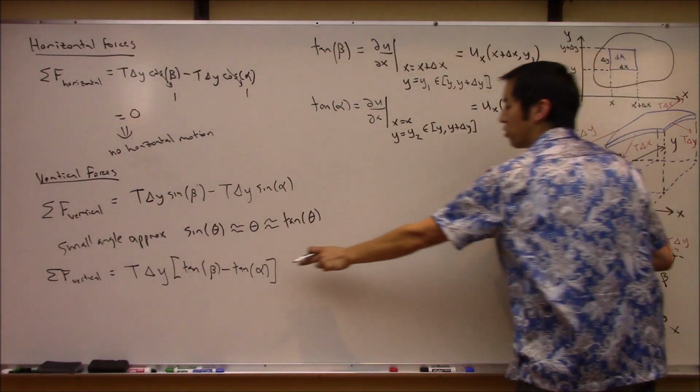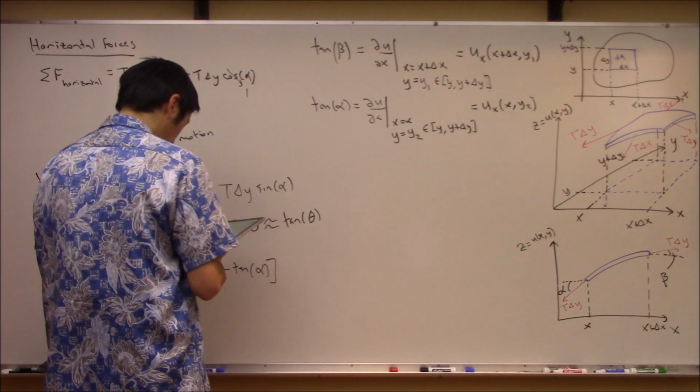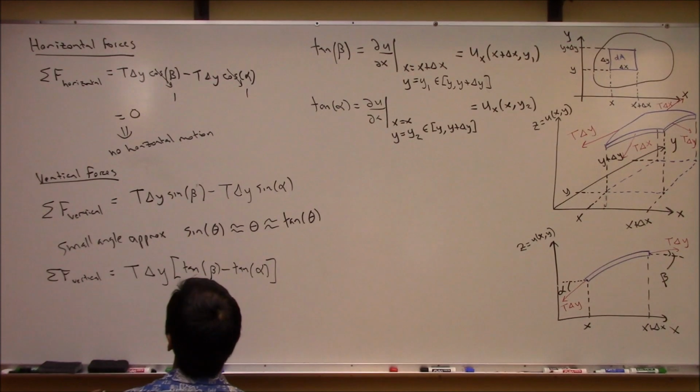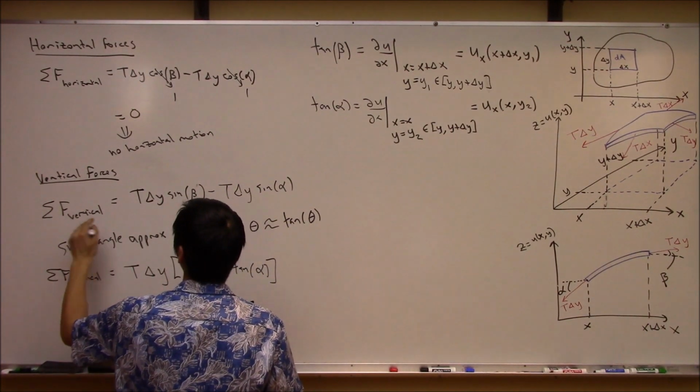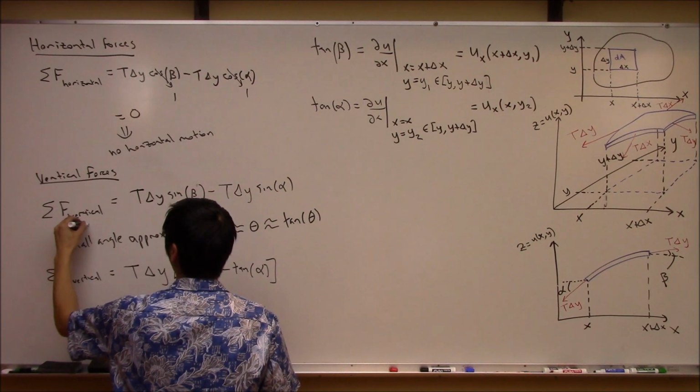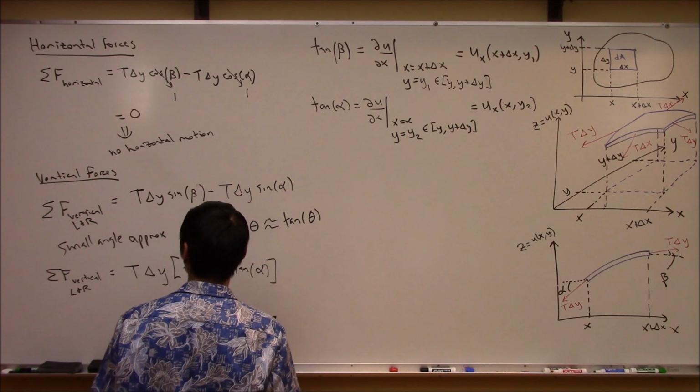Awesome. Let's substitute those in for this expression. Actually, sorry, vertical force. We should have said this is the sum of the vertical forces on the left and right side, because we haven't dealt with the front and back yet. We're going to deal with that in just a second.